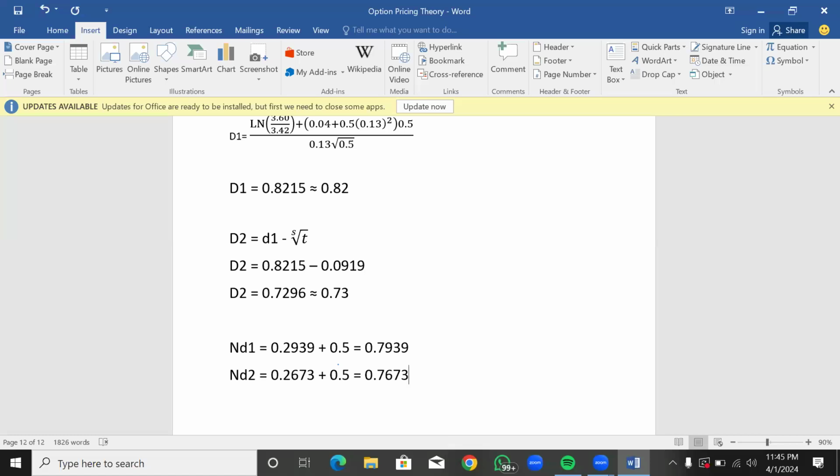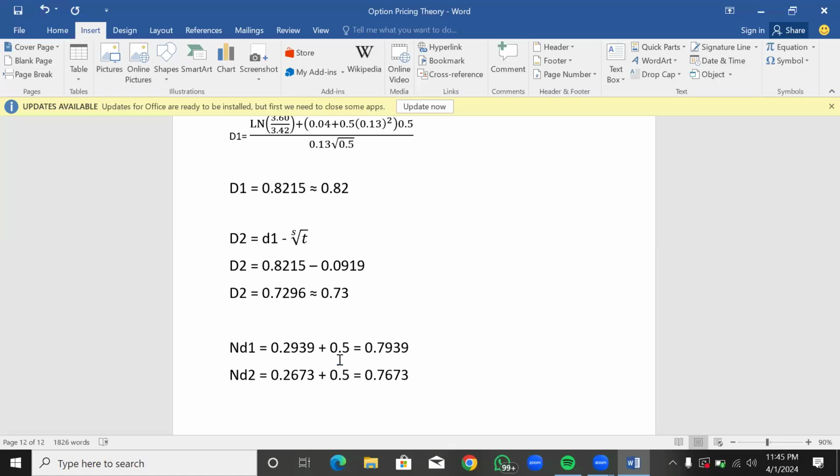We are using 0.5 because it's a half table we are using to check our normal distribution table. When it is negative, we subtract from 0.5, which is not totally wrong, but the 0.5 is the question, not the plus or the minus.